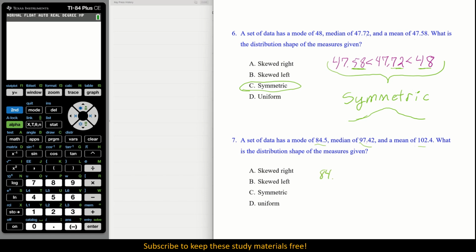So we have 84.5 being less than 97.42, which is less than 102.4. Okay, so the mode is always on the opposite side of your skewed tail. So we will be skewed to the right.